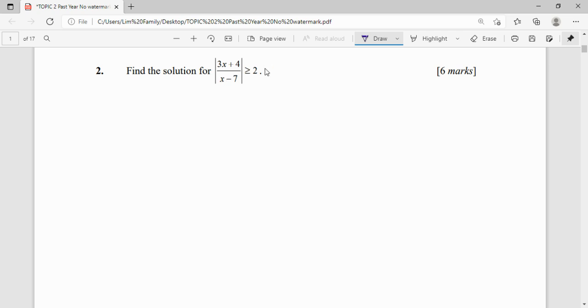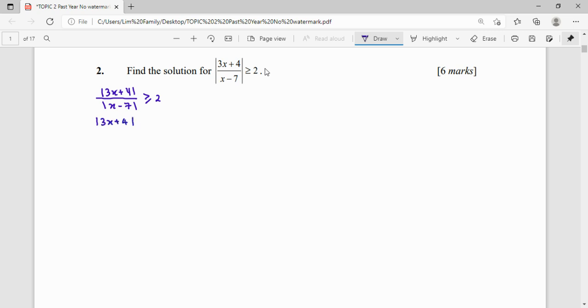So for this question, I will separate the modulus. It will become modulus 3x plus 4 over modulus x minus 7 greater equals to 2. When my denominator is in modulus, it is very safe, confirm.